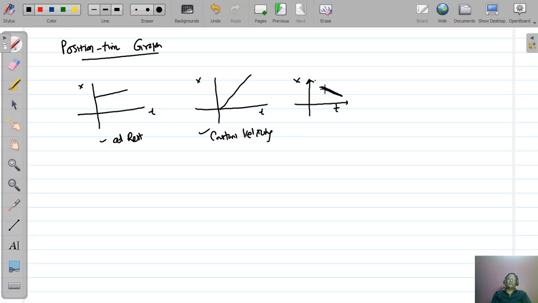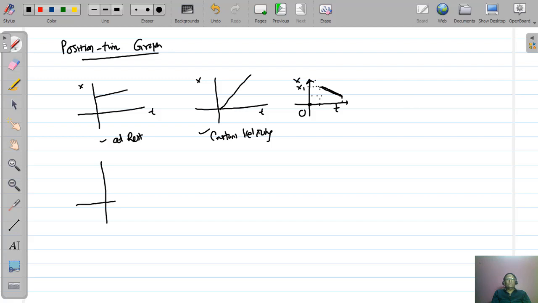That means the object is returning towards the origin. Here the object is moving away from the origin. Here the object is moving towards the origin because at this moment initially it is, say, x1 distance away, and after some time it becomes closer to the origin. So we can say the object is moving towards the origin or in minus x direction.